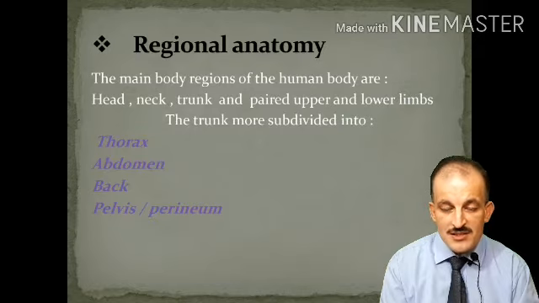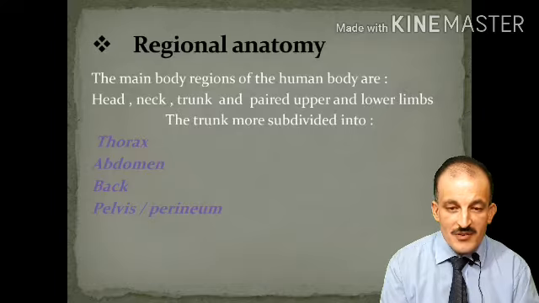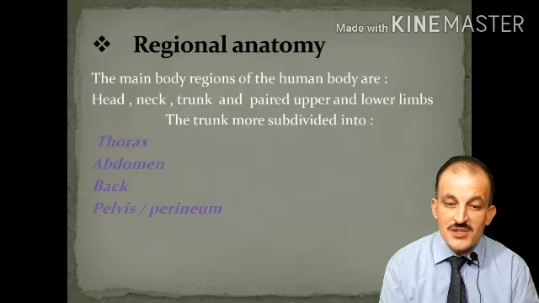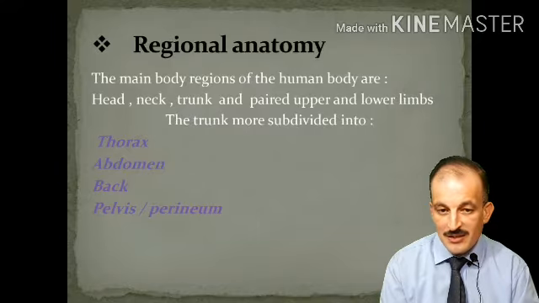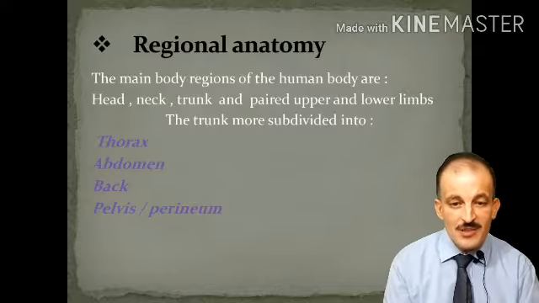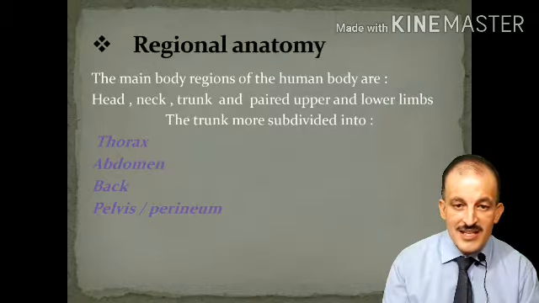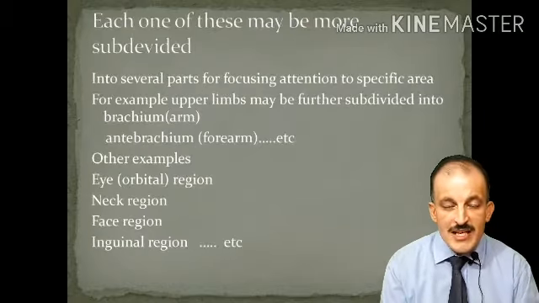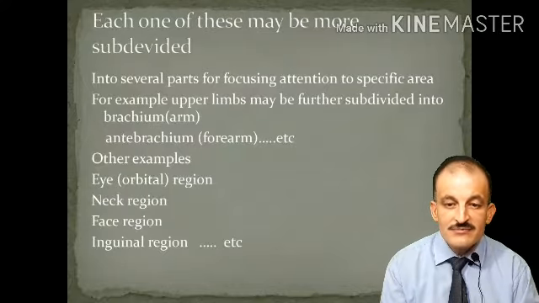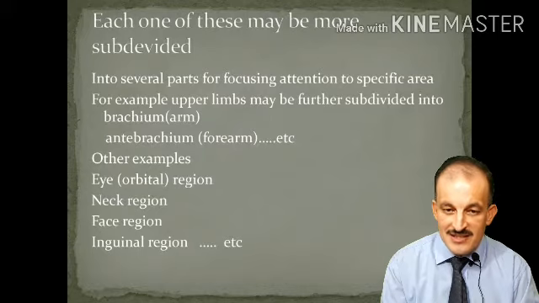Further subdivisions of the trunk: the trunk is the area of the human body which lies between the neck and the lower limb. Its further subdivisions are the thorax, abdomen, back, pelvis, and perineum. Each one of these areas could be subdivided into several subdivisions.